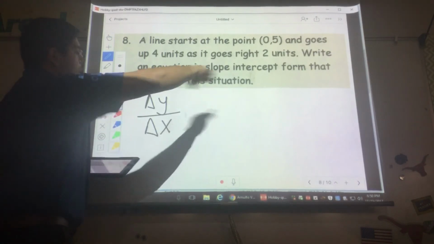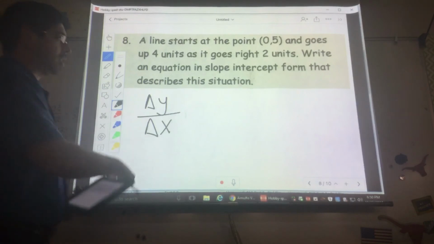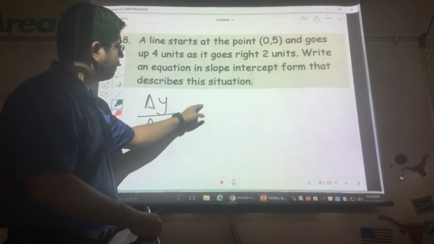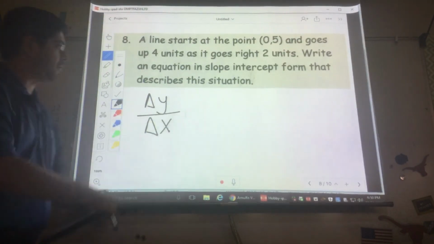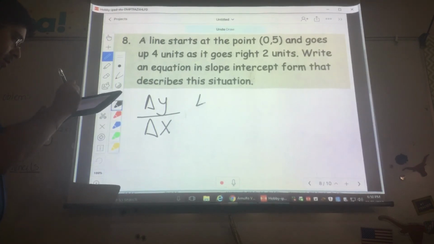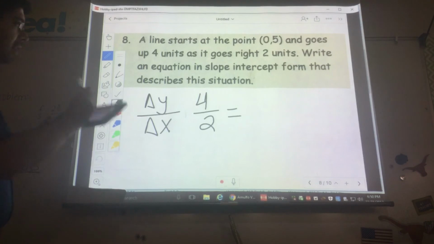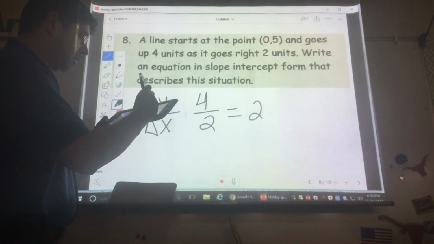And if it goes to the right, that's my change in x. So just like if we were on the graph, we're going up 4 and then to the right 2. Those are the numbers that go here for m. So 4 goes here on top and 2 goes there. Once I reduce this, it's going to give me my slope. 4 divided by 2 is 2, so that's m.